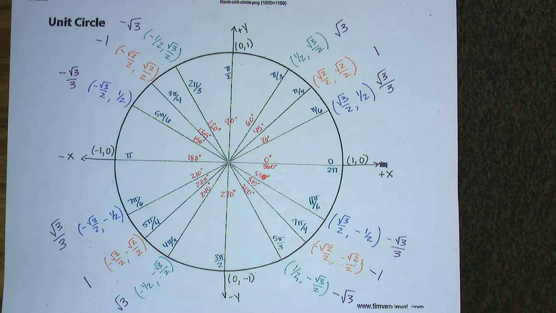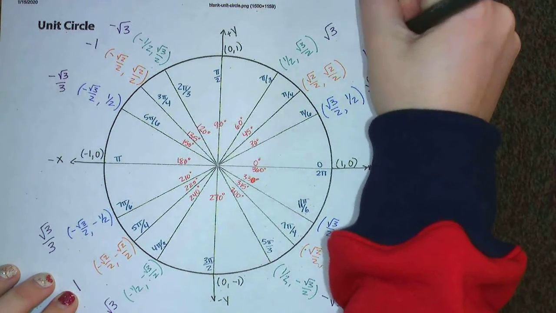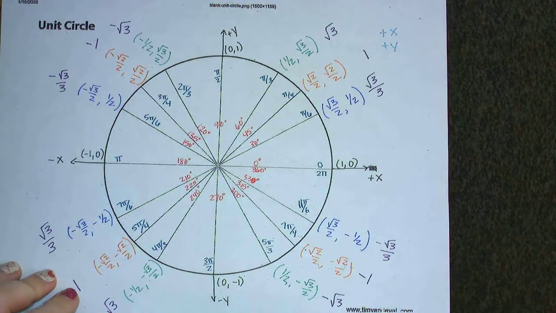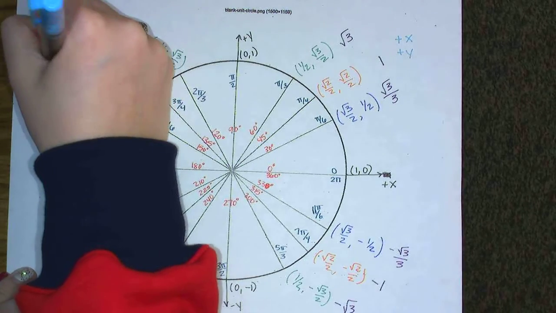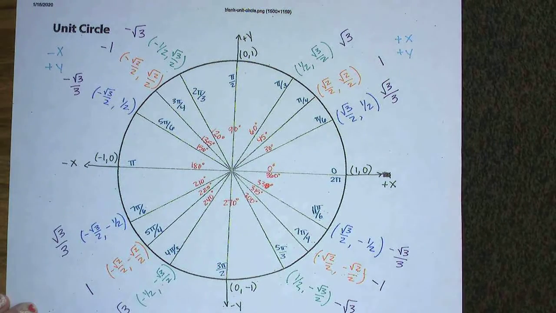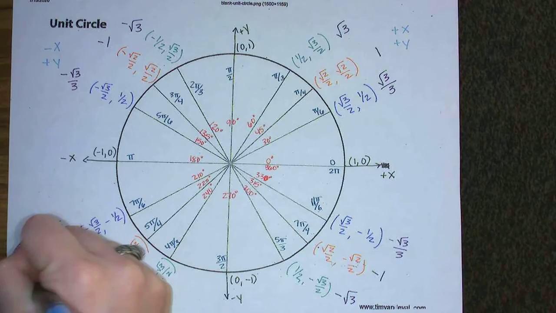Just so that you have it, not that I think at this point in your math careers you should be confused about how the axis works, but up here you've got positive x, positive y. Over here you've got negative x, positive y. Down here you've got negative x, negative y.